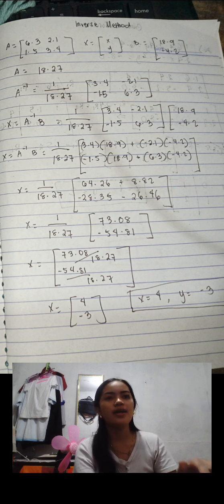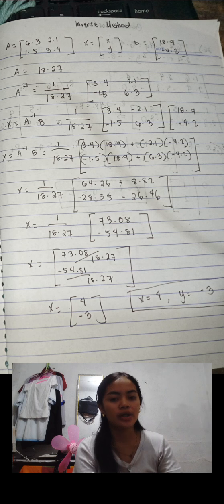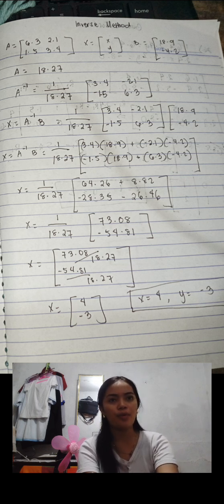We multiply this by our constant matrix, which is 18.9 and negative 4.2, using row by column.